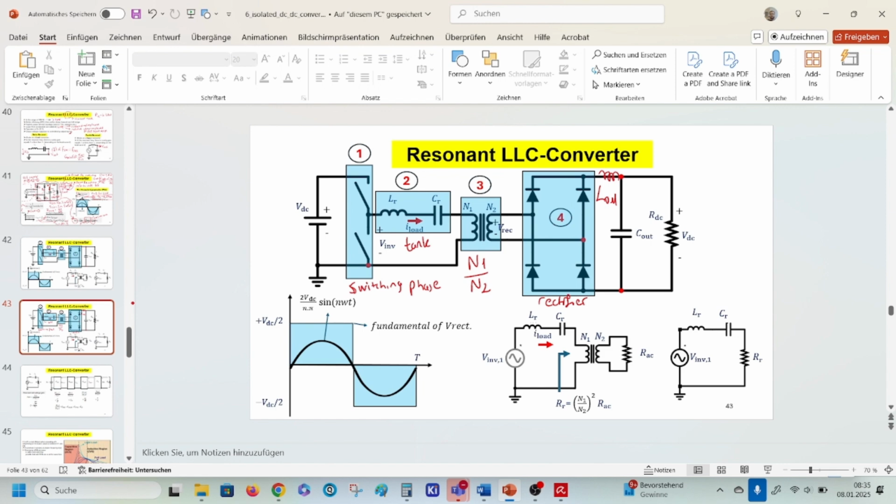And this would be our, in this case, AC filter. It's a second order AC filter.